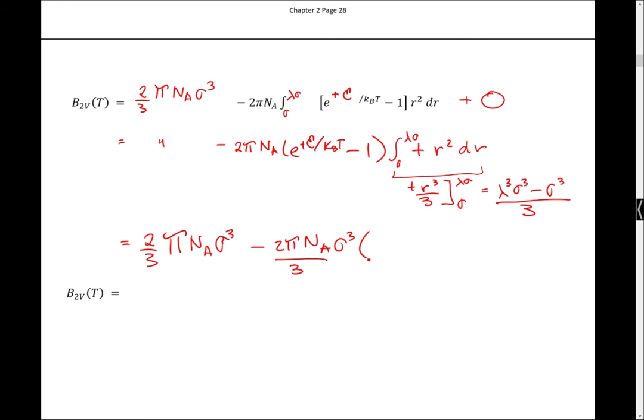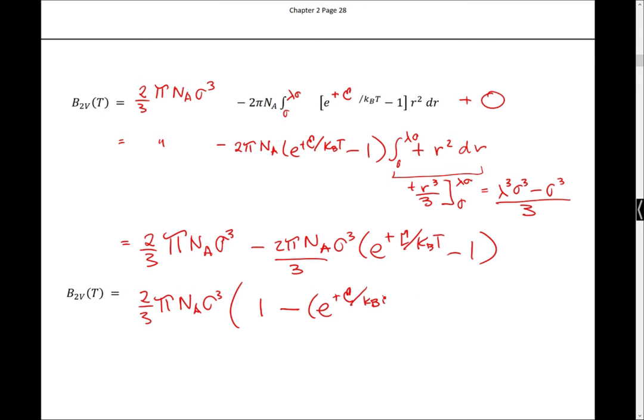And then what I'm left with is e to the plus E over kBT minus 1. So we see that we've got the same thing here and here, so I can pull that out front: 2/3 pi Na sigma cubed times the quantity 1 minus, e to the plus, oh, and I forgot something again.